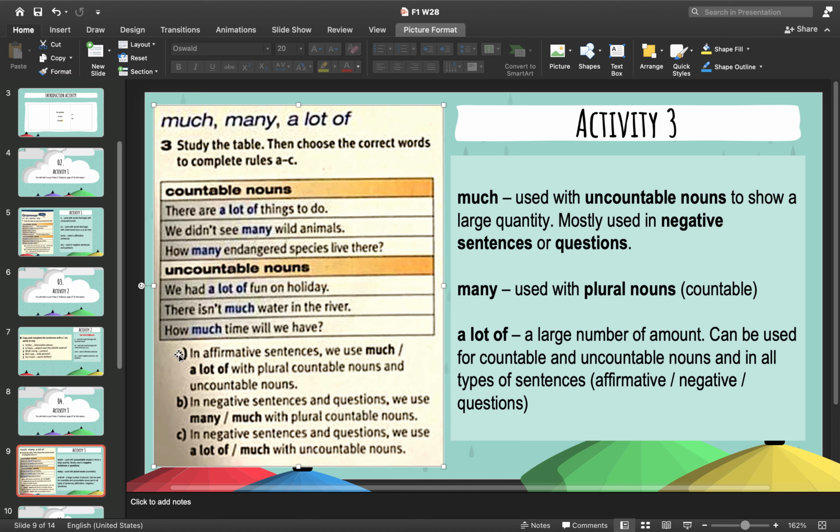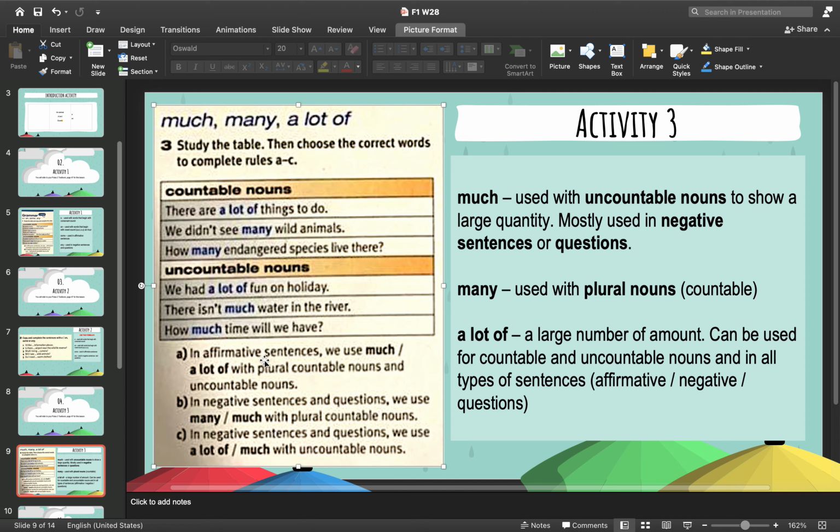Okay. At the next part, okay, dekat bahagian seterusnya, there are several rules down here that you must complete. Ada beberapa rule yang kamu perlu lengkapkan. For example, A. In affirmative sentences, we use much or a lot of with plural countable nouns and uncountable nouns.